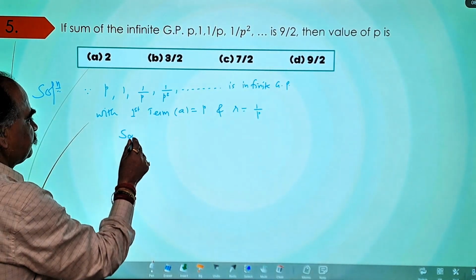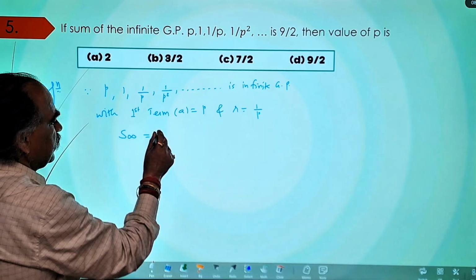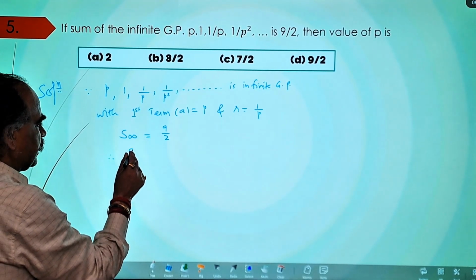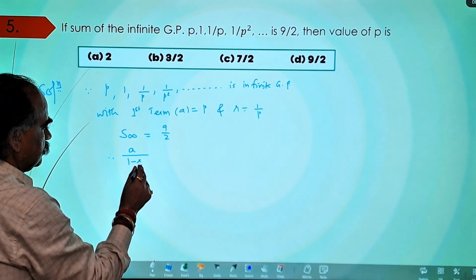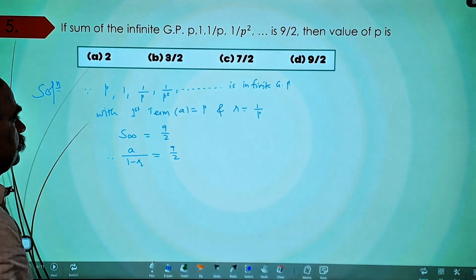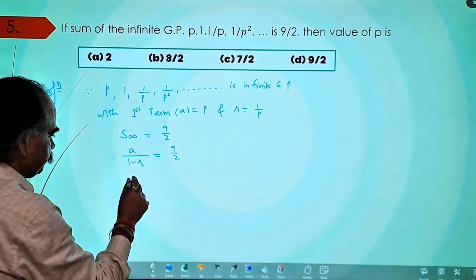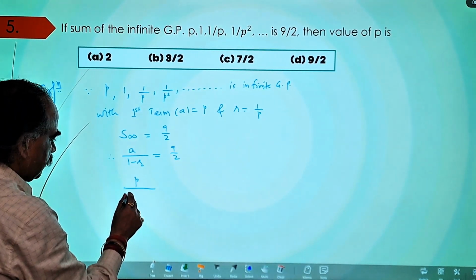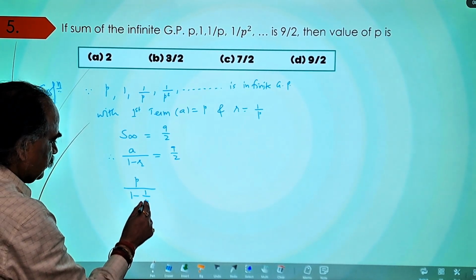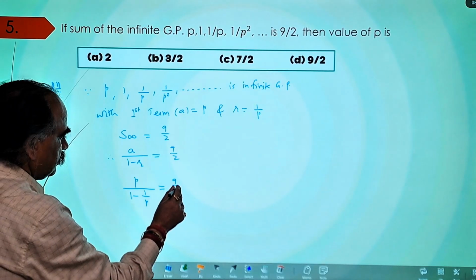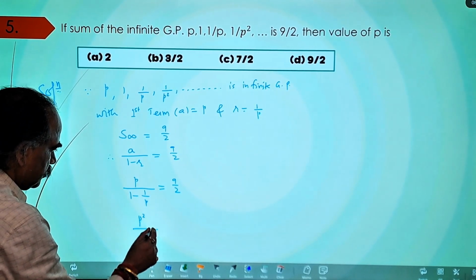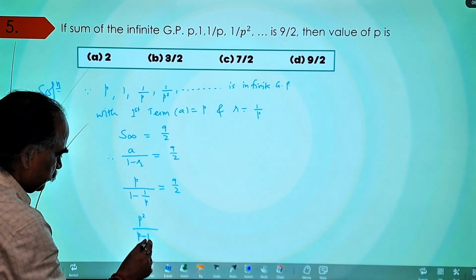S infinity is given to be 9 by 2. But S infinity is what? a upon 1 minus r is what? 9 by 2. a is what? p upon 1 minus 1 upon p, which is p square upon p minus 1.